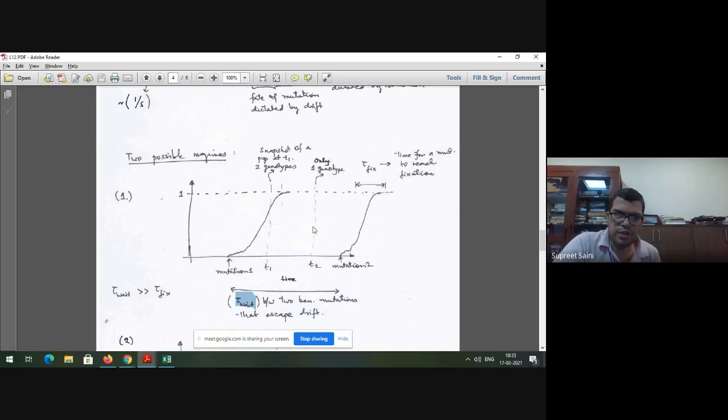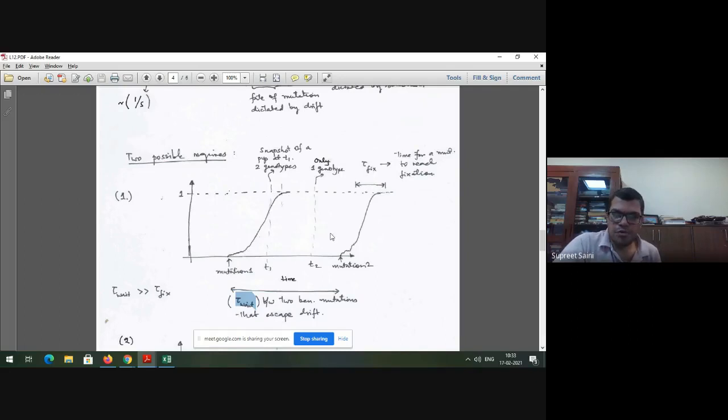If we did it here, anywhere, we will only see one particular genotype in the chemostat. On the other hand, if you took a snapshot here, you would see some individuals of this type and some individuals of this type. But the point is that in this particular regime, no matter when you stop by to take the snapshot, you will never see more than two genotypes coexisting in the chemostat.